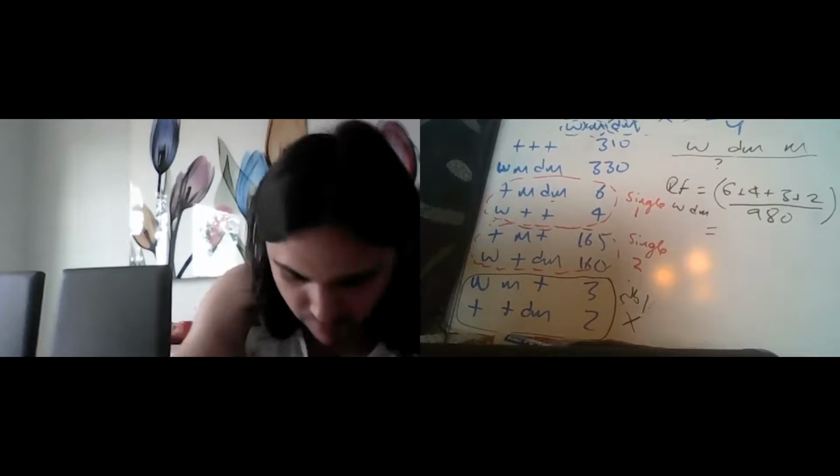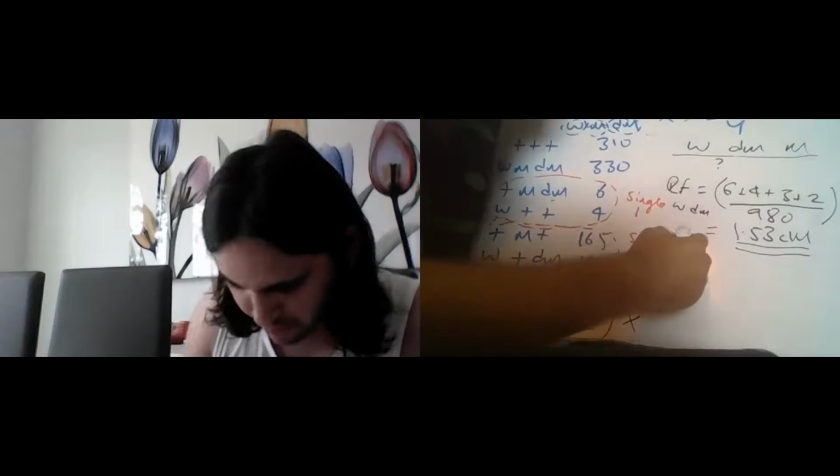Centimorgans. I think, Adam, you forgot to times it by 100. Okay. Okay. So recombination frequency between DM and M equals what?